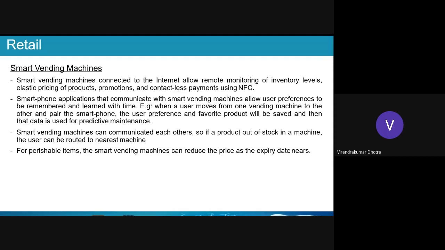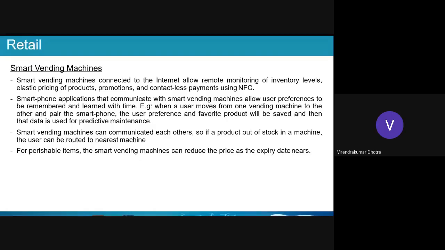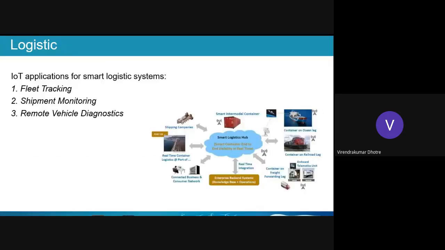This is how smart vending machines are installed in retail shops. Smart vending machines also identify the products and their pricing. As I said, if the expiry date of a product is near, the price can also be reduced. In such a way these vending machines are prepared.